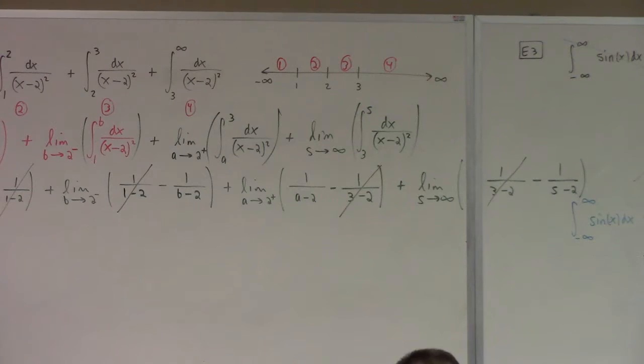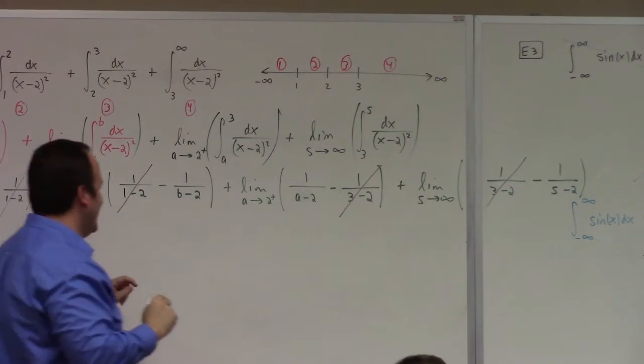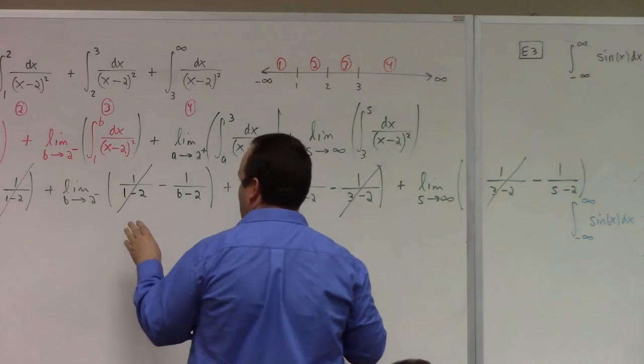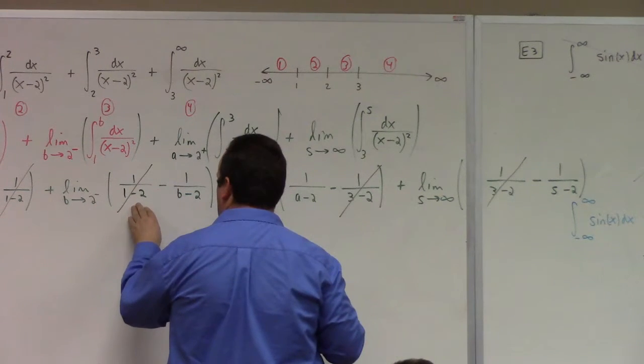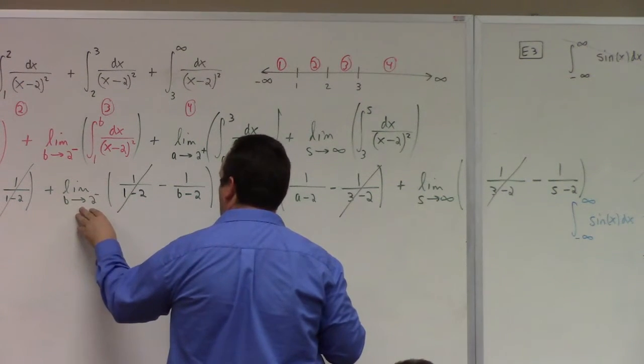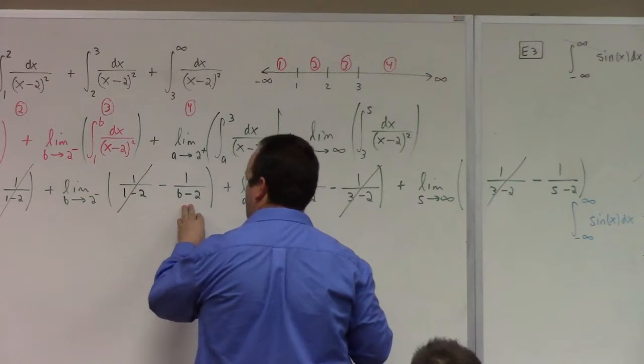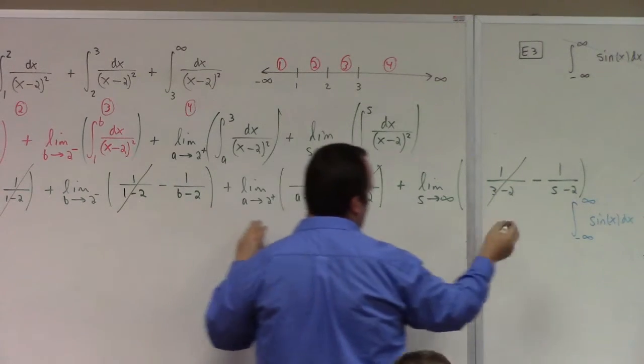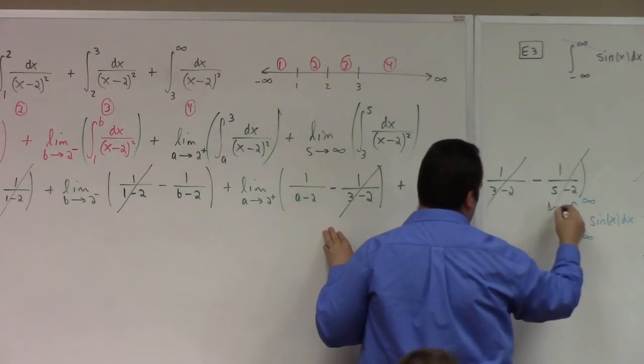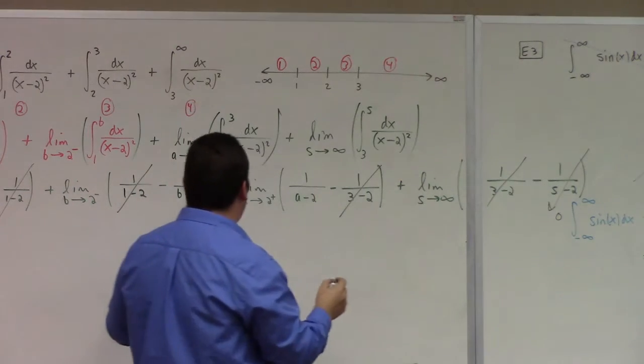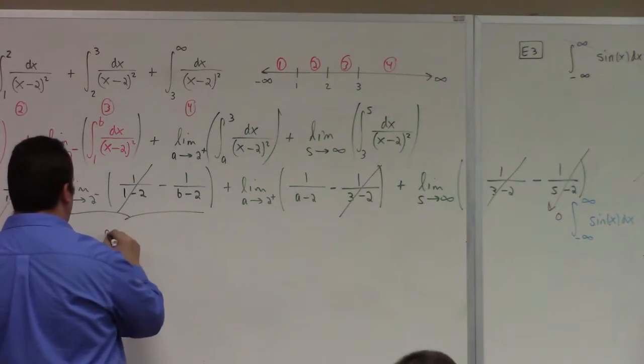I mean, this is 1. This goes to 0, right? So these guys out here go to 0, but you see the problem is what? This diverges, right?